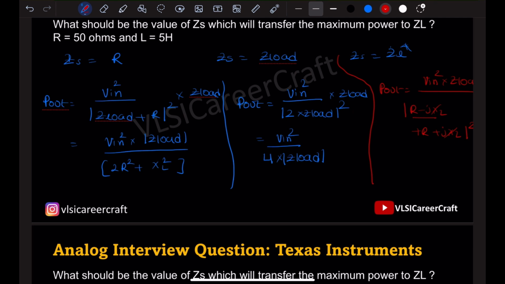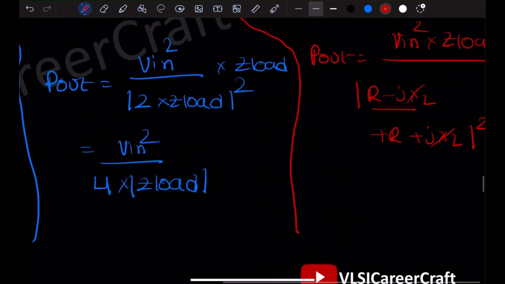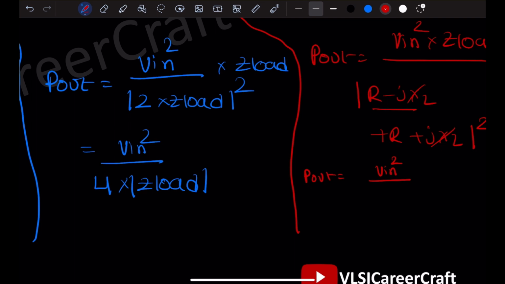It will cancel. The final equation for P out is equal to V in square by 4R square into Z load.